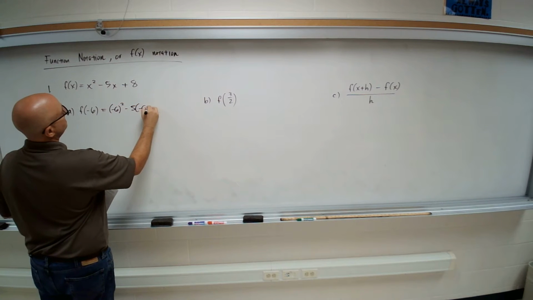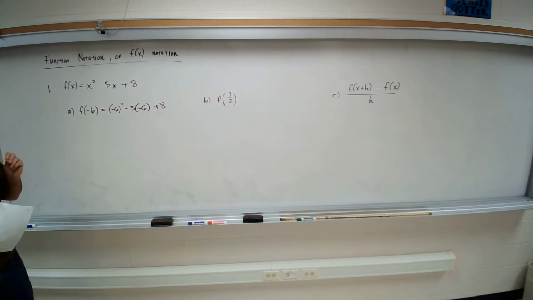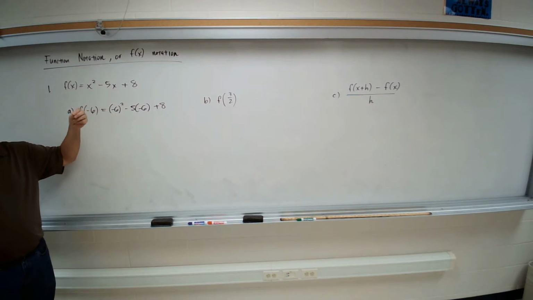Now, I would highly recommend that whenever you substitute a number in for a variable, you put that number in a parenthesis. Because here, if I didn't put negative 6 in a parenthesis, then it would look like the opposite of 6 squared, which is negative 36. Or actually, it's negative 6 times negative 6, which is going to be positive 36.